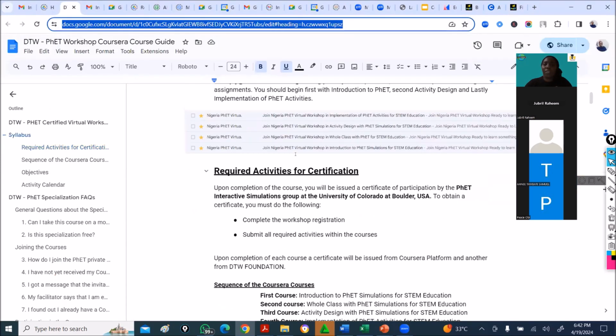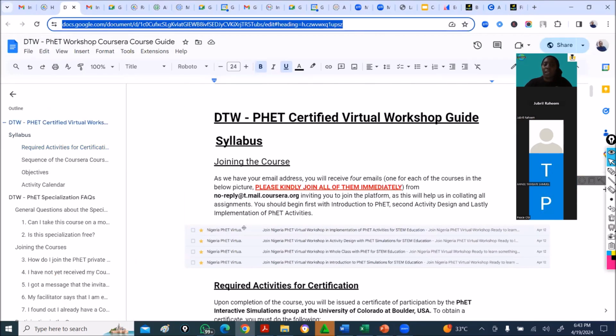If you have registered, yes, I have. Have you started any of the courses? No, I've not. I was the one complaining to you now. I didn't get them. You've not received emails? I just received them around 5 o'clock. Yes, because when you complained, I checked the list and I resent to people that registered recently. So you should have received these mails.